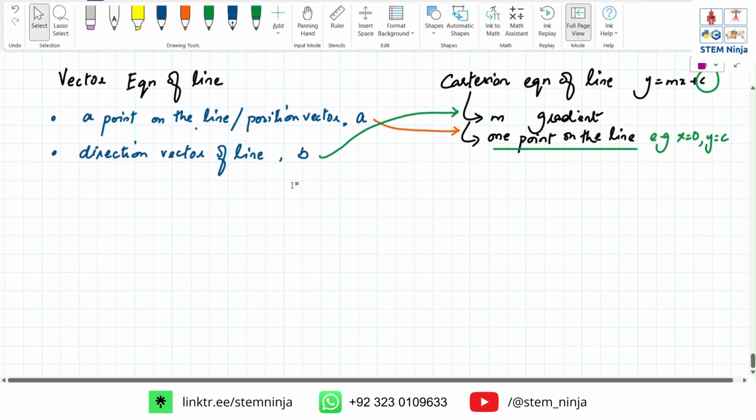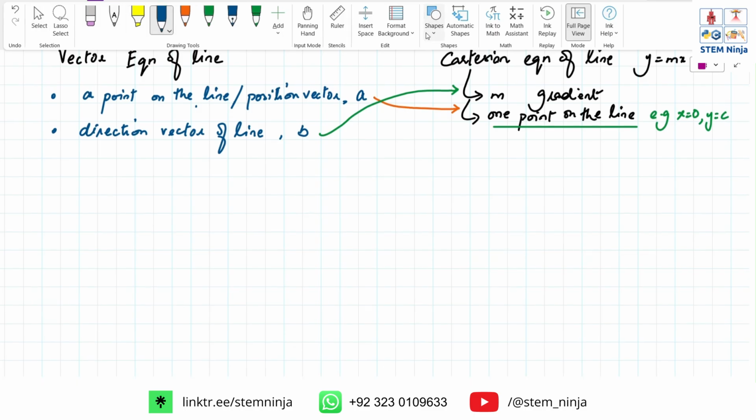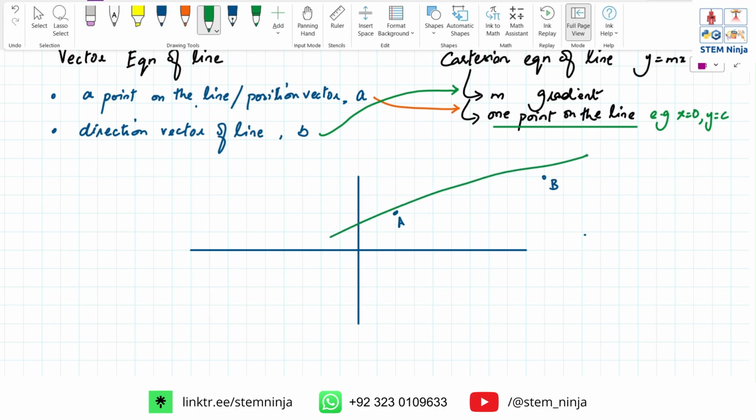Just to give you an understanding of how this is all supposed to go, for example, we have 2 points. Let's say you have A, and let's say we have B, and we join them.